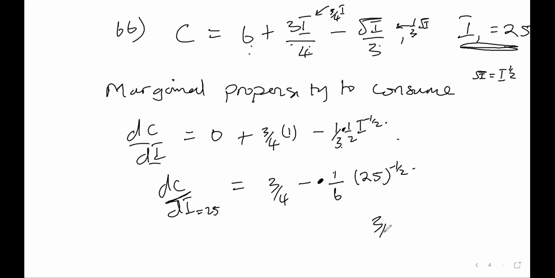So it's 3 over 4 minus 1 over 6 times 1 over 5, which is 3 over 4 minus 1 over 30. Put that into your calculator and get the value for the marginal propensity to consume.